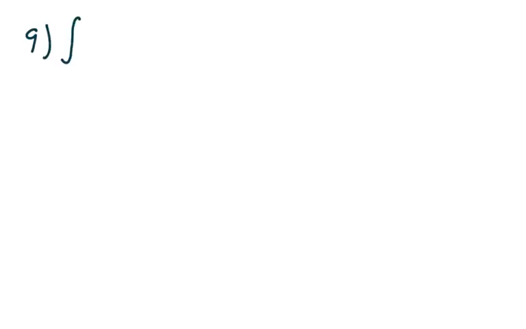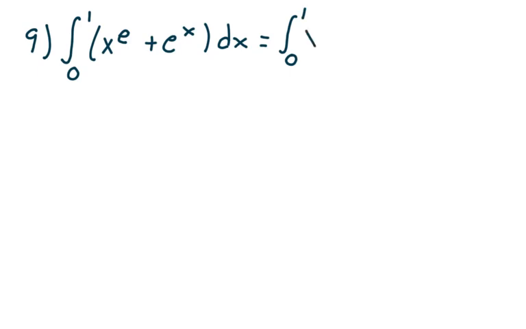Suppose I had the integral from 0 to 1 of, this is a great question instructors like to give, x to the e plus e to the x dx. Remember that e is a number, okay? That's really important. So this is the integral from 0 to 1 of x to the e dx plus the integral from 0 to 1 of e to the x dx.